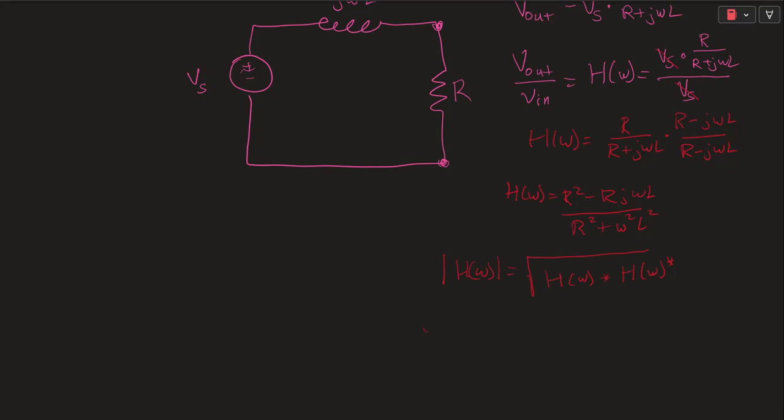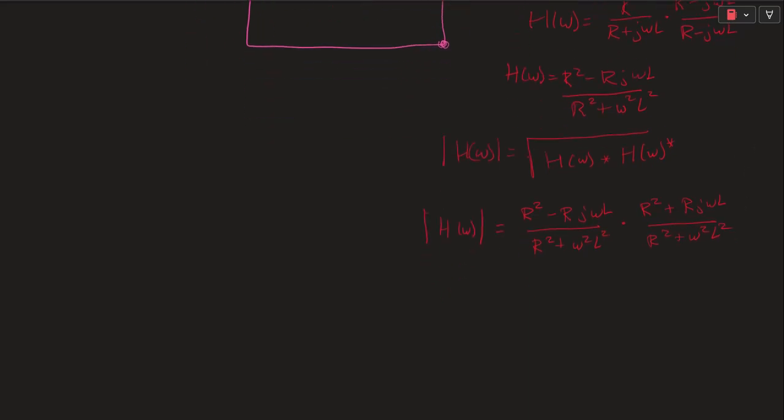So the magnitude of H of omega would equal R squared minus R j omega L over R squared plus omega squared L squared, times R squared plus R j omega L over R squared plus omega squared L squared, and then take the square root of all that.